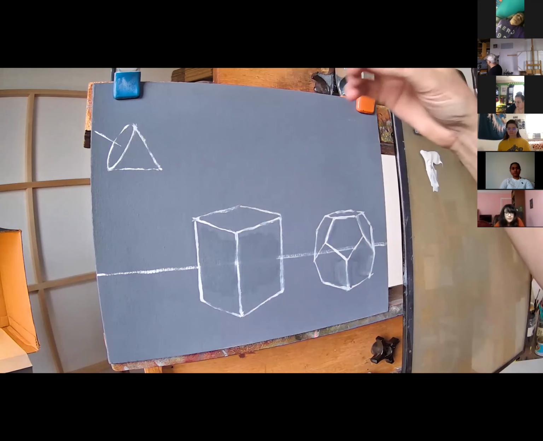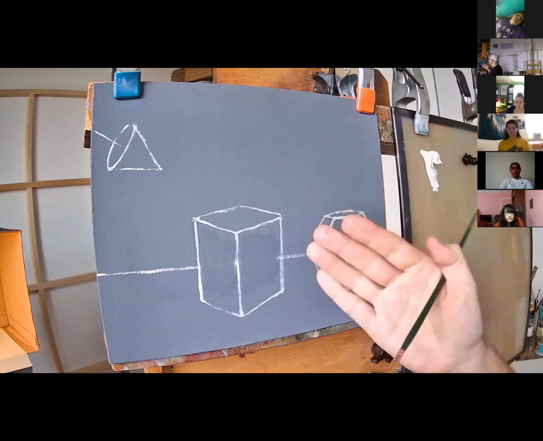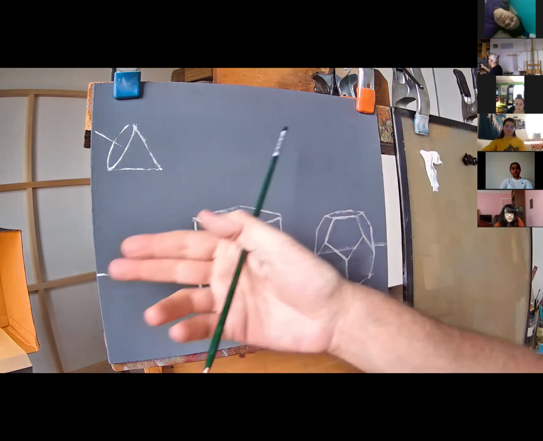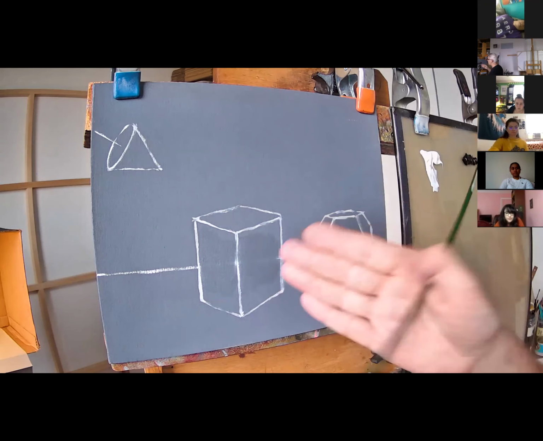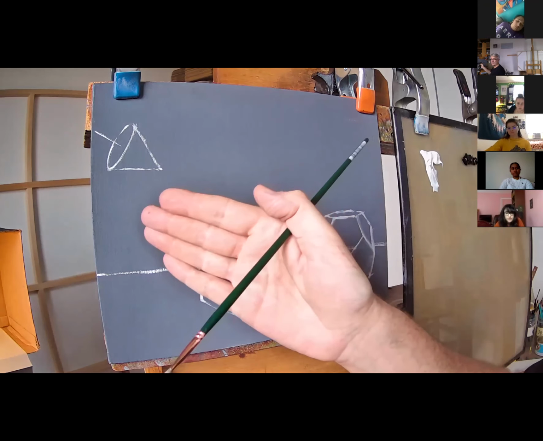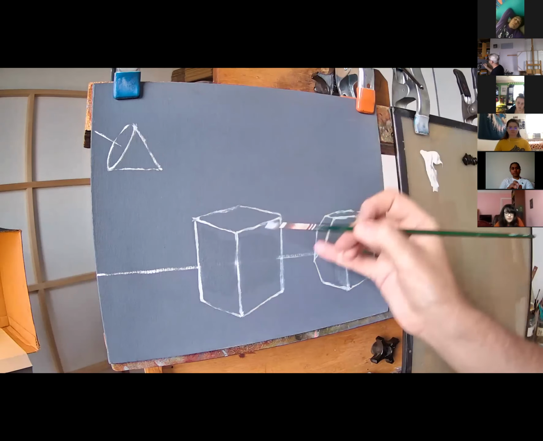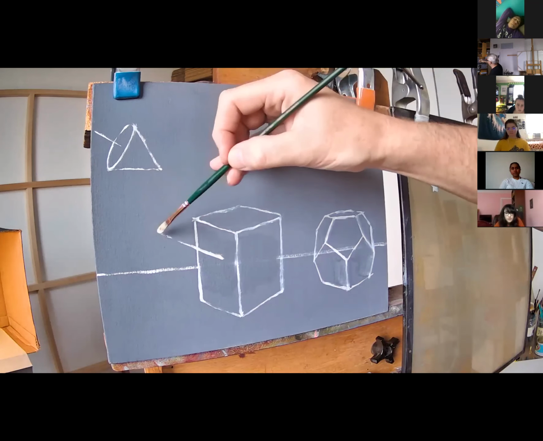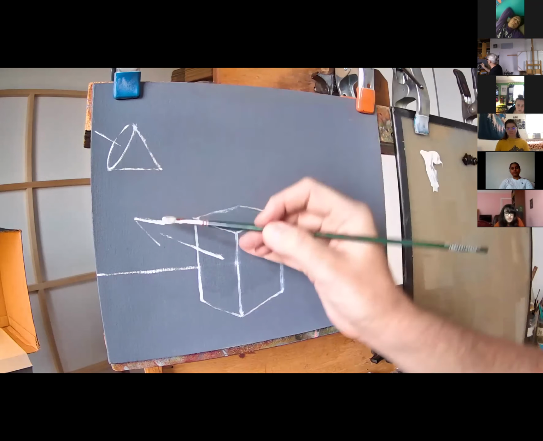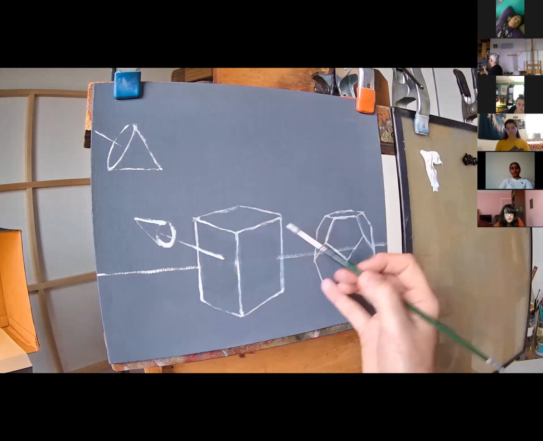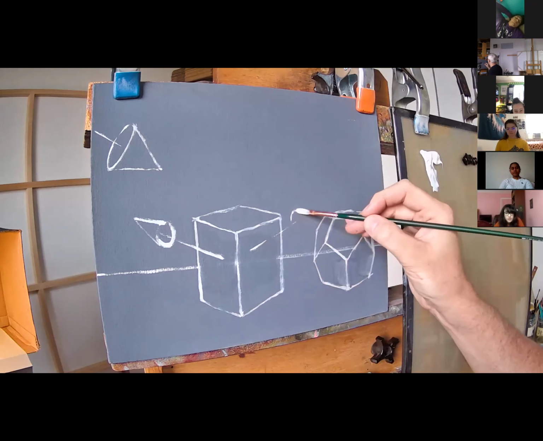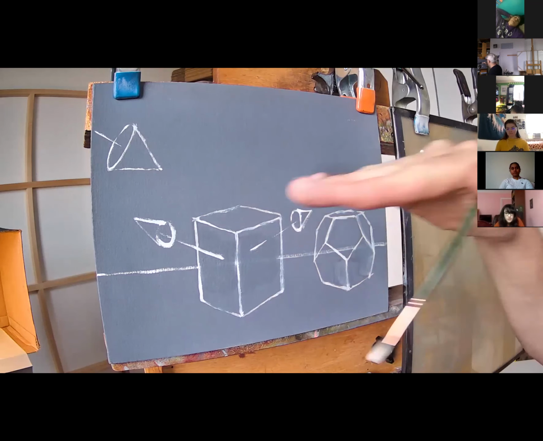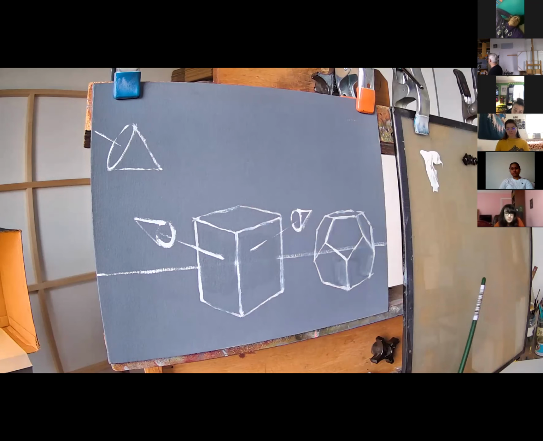A cube is made up of 6 planes, and it's relatively easy when using geometric solids to convince the viewer that this flat surface is actually a space through which objects are moving, right? Because I've drawn this cube in perspective, we have a sense that the plane on the left is moving backwards in space like this. The plane on the right is moving backwards in space like this. The top plane is receding away from us at a similar oblique angle.